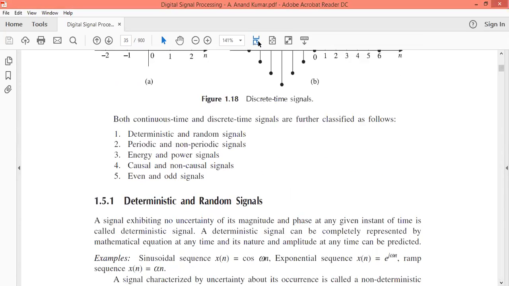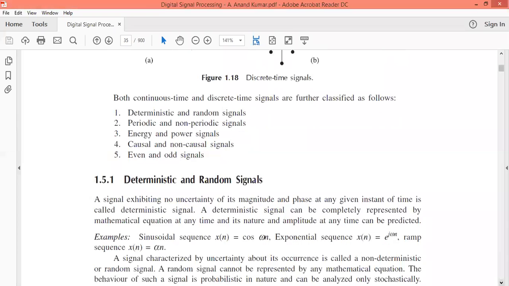There are five classifications: deterministic and random signals, periodic and non-periodic signals, energy and power signals, causal and non-causal signals, and even and odd signals. These are the different classifications of signals. Now we'll discuss each of them in detail.